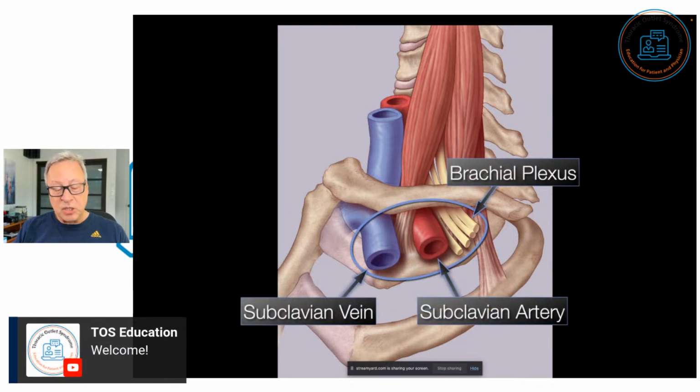And then the subclavian vein, which does not go through the scalene triangle, joins those other structures as they pass over the first rib. And this purple oval shows the costoclavicular interval, the space between the collarbone, clavicle, and the first rib. And of course, the clavicle is quite mobile depending on which position your arm is in.